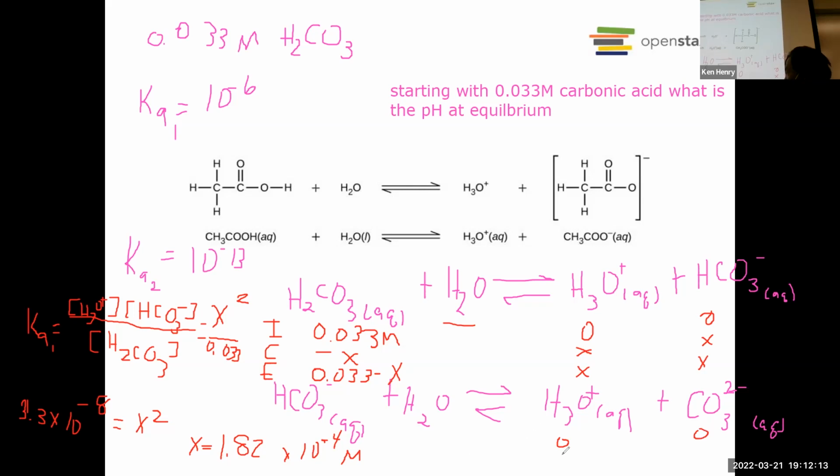And then I'm going to put X1, X1. So this guy would be minus X1. My question is, is this value going to make a significant enough difference to change our pH?